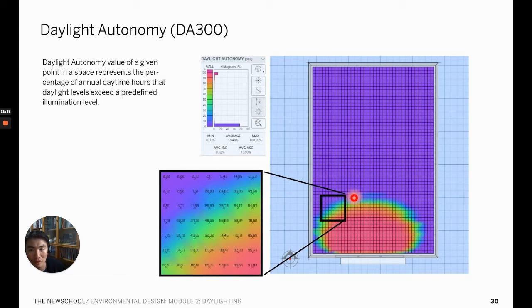And you can see the gradient of changes happening between those extreme surfaces represented as a gradient of color.